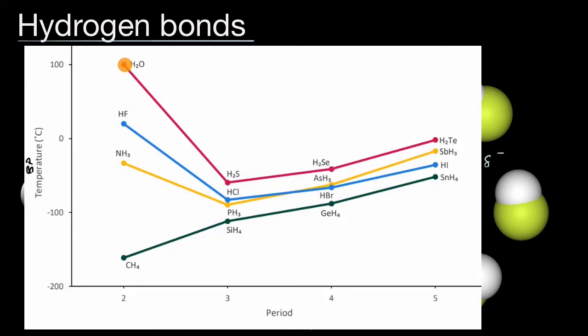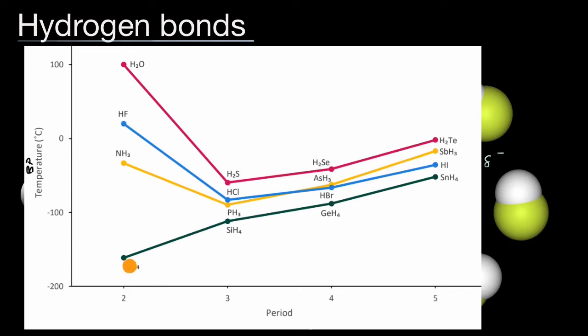You can see all of these molecules are formed between period 2 elements and hydrogen. In fact, all of these molecules have similar molar masses: methane, ammonia, hydrogen fluoride, and water. If we were just thinking about London dispersion forces, they are proportional to the polarizability of a molecule, which is proportional to the electron cloud size, which is proportional to the molar mass.